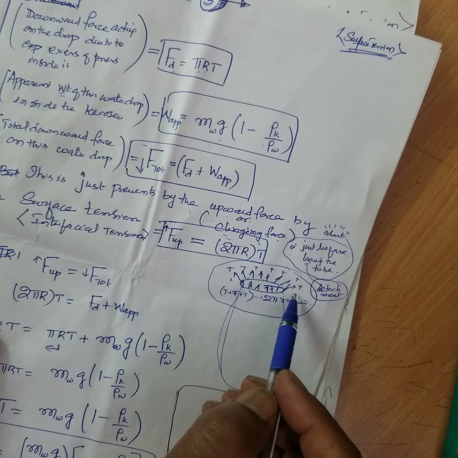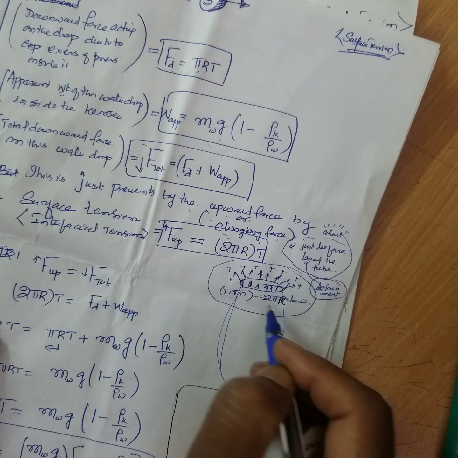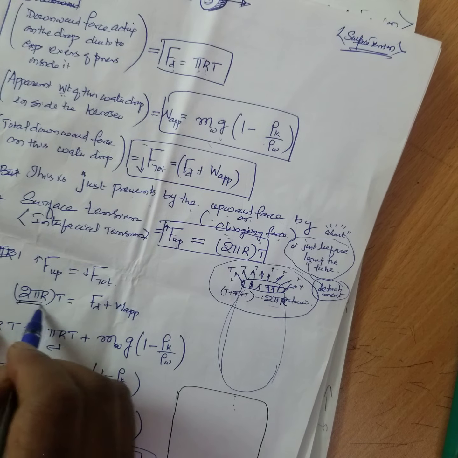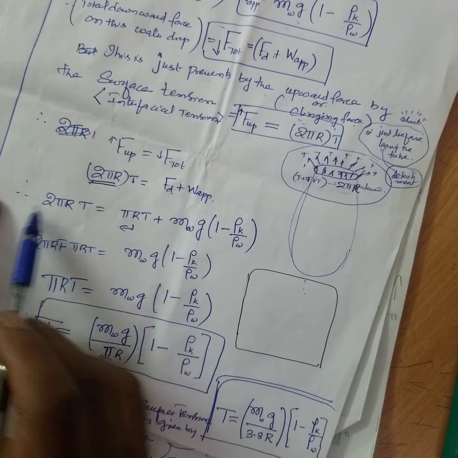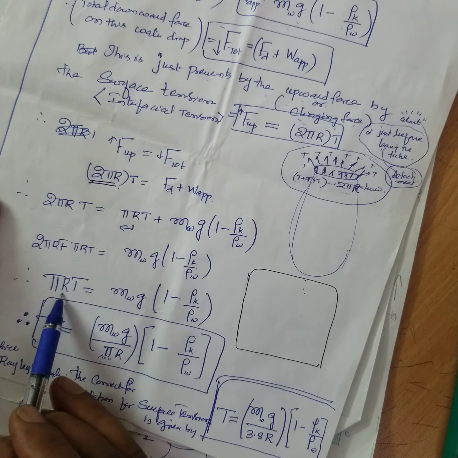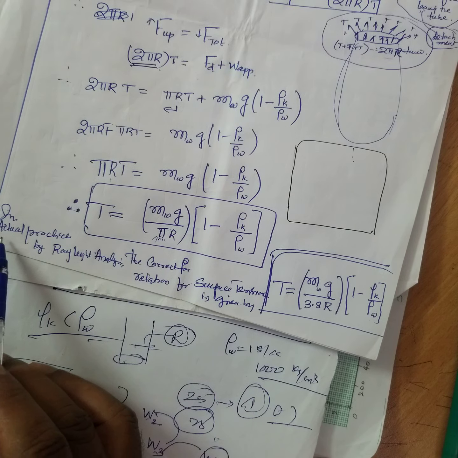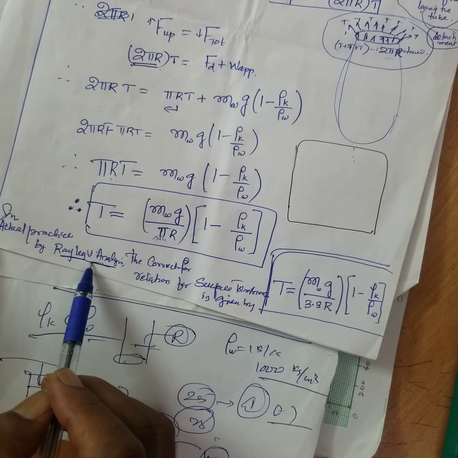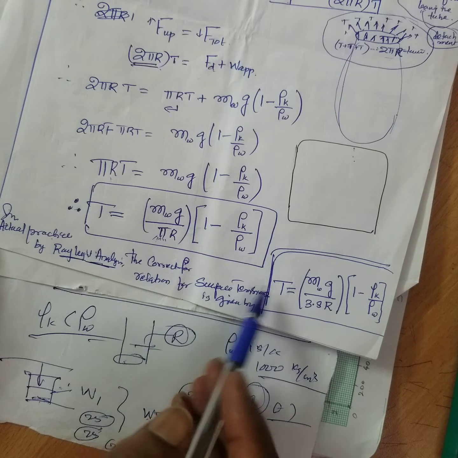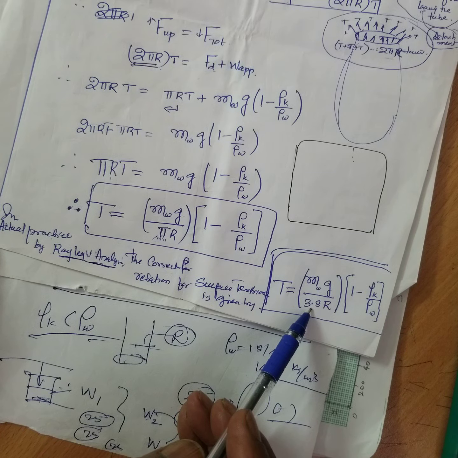T is the surface tension times 2 pi R. Therefore, upward force is equal to 2 pi R into T. Downward force is this one. You bring this to this side, it gets cancelled, then you get this. In actual practice, by Rayleigh's rigorous analysis, this pi is replaced by 3.8.